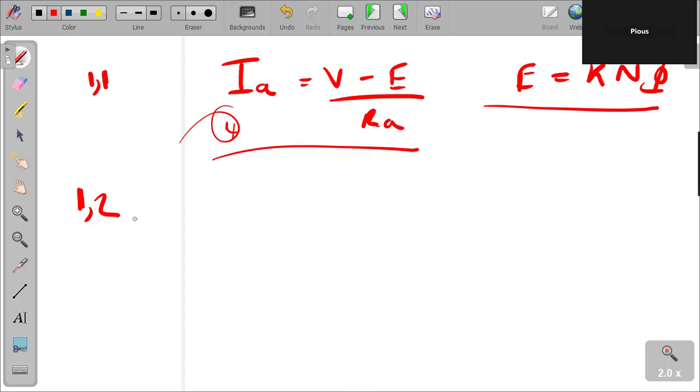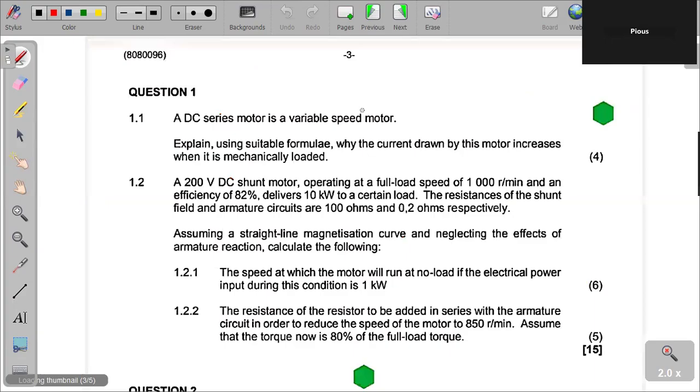Right. So 1.2, the next question says a 200 volts DC shunt motor operating at a full load speed of 1,000 revolutions per minute and an efficiency of 82% delivers 10 kilowatts to a certain load.